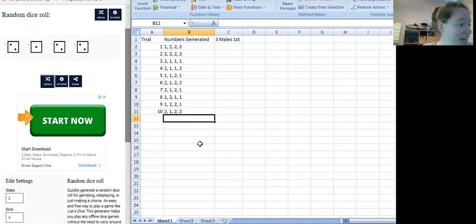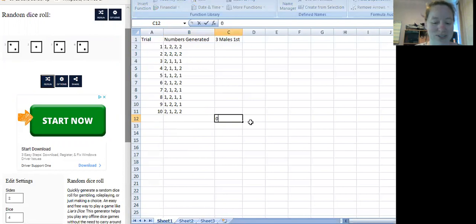Did I ever end up with 3 males first? No. So my estimated probability of getting 3 males first was 0%. There was no chance whatsoever of getting 3 males first in this particular one.